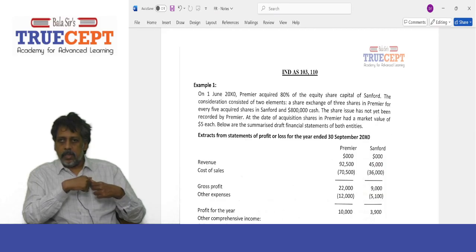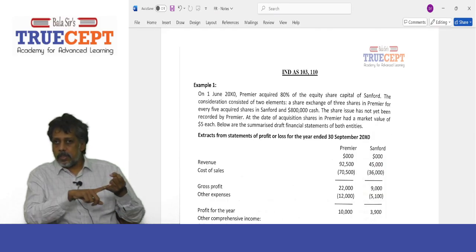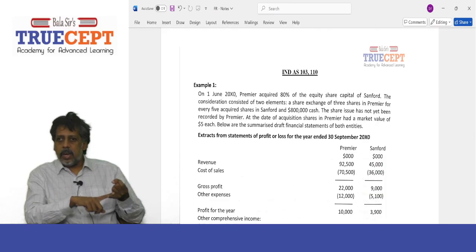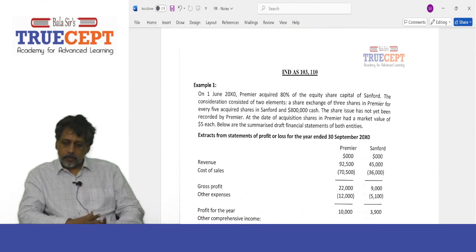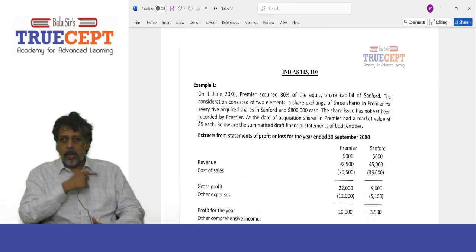So 3 shares in my company for every 5 shares sold, and also pay $800,000 in cash. Next. The share issue has not yet been recorded by Premier. That means I haven't recorded the share issue to you people in my books.